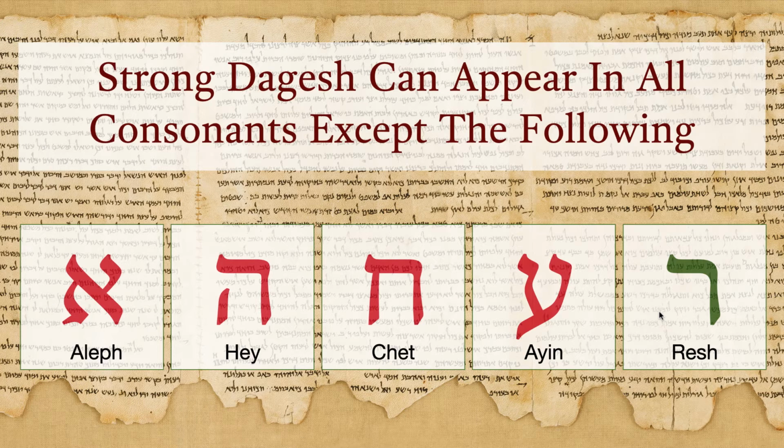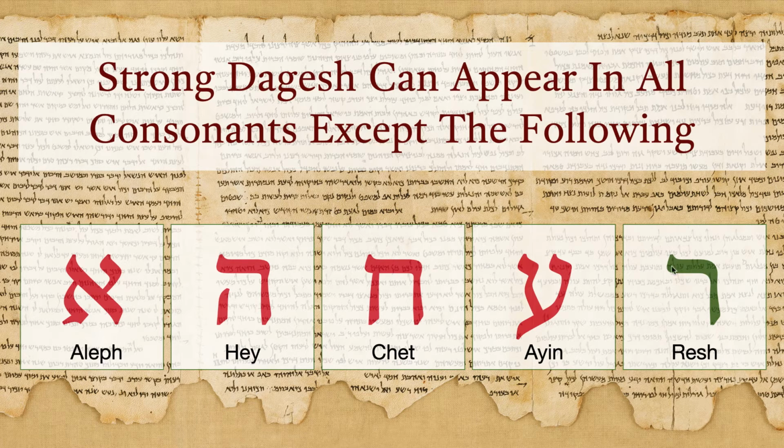By the way, the Bible does have the Dagesh in some rare occasions in Aleph and in Resh as well. There is another symbol within the Hey that looks like a Dagesh, but it is a Mapik, and I will talk about it in another video. But otherwise, when you find a Dagesh in any of these letters, you can ignore it and not pronounce it.